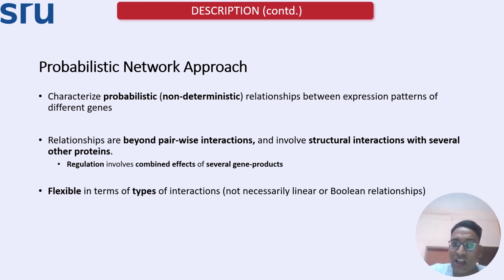This was allowing some sort of flexibility in terms of interactions. It was not necessarily linear or Boolean. It was allowing some sort of probability that this will be allowed to interact, so that multi-genic control, when multiple proteins are controlling a single behavior, can be worked out or analyzed properly.